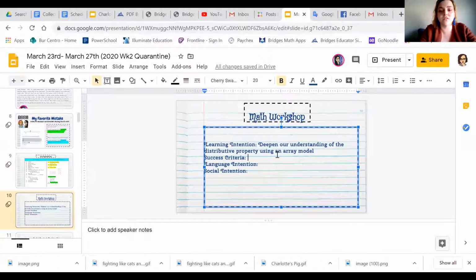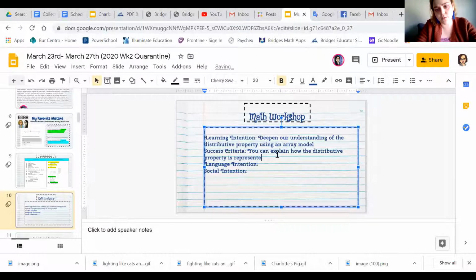Success criteria: by the end of our lesson, you can explain how the distributive property is represented through an array.